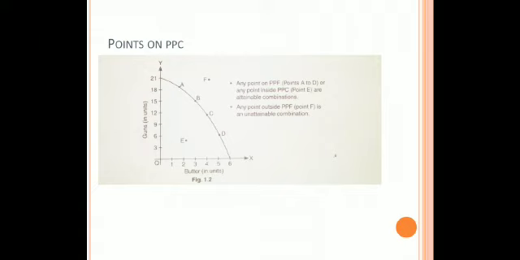The points A, B, C, D, which are on the PPC curve, show the maximum utilization of resources and are also attainable points. But F, a non-attainable point, is not possible with the given resources.